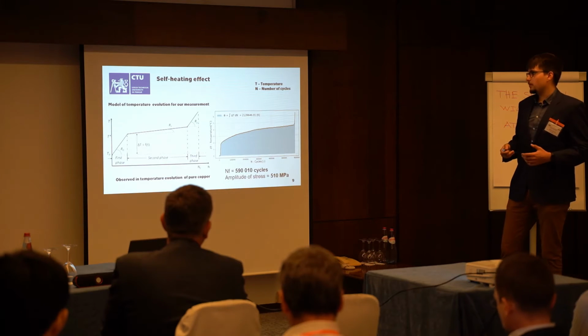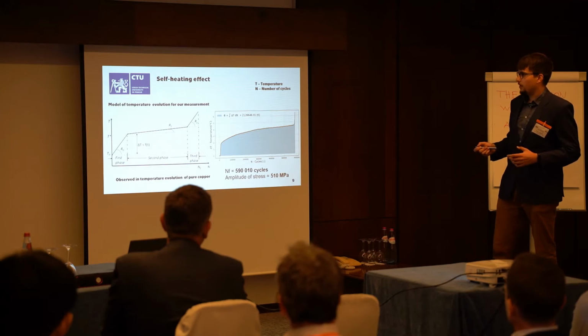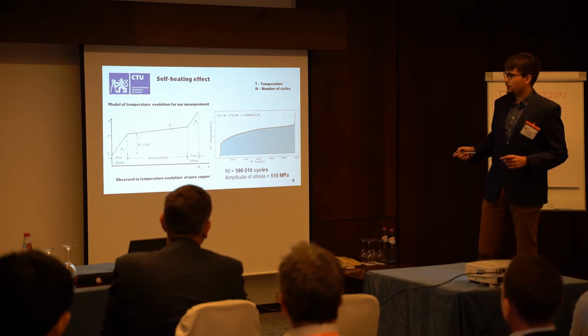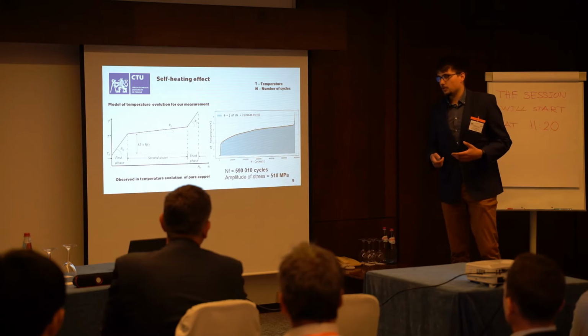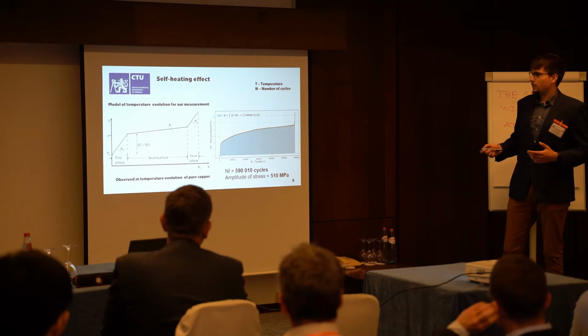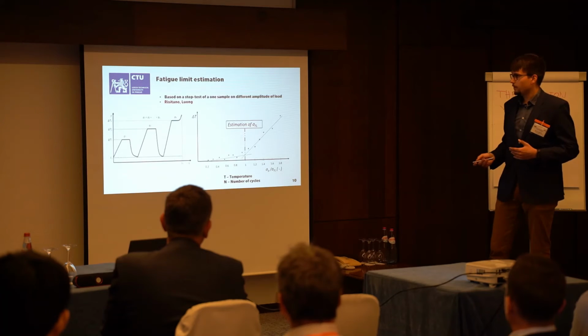So we were trying to mimic this evolution, where our main focus is on this intersection. There is no reason to model this part more correctly, because we're trying to accelerate the test to make as much variable amplitude as possible during the testing.